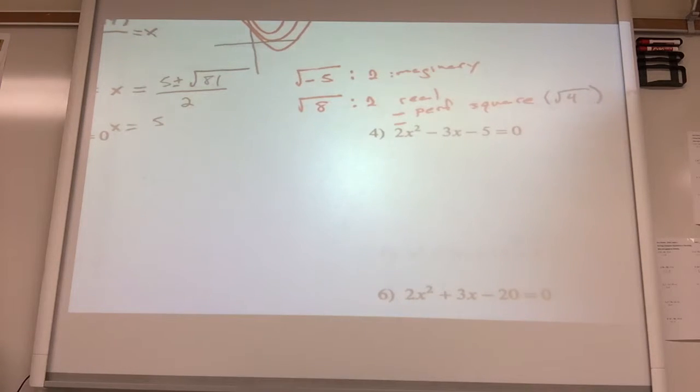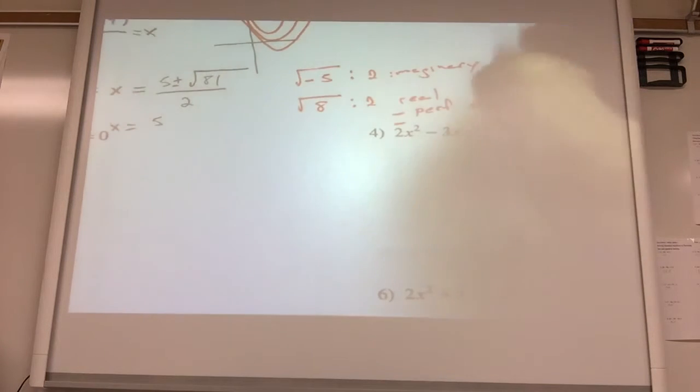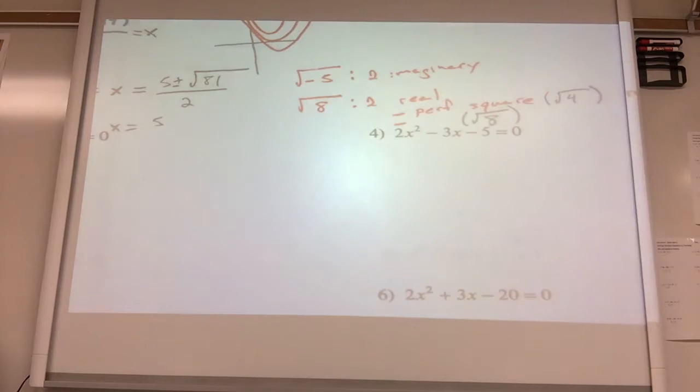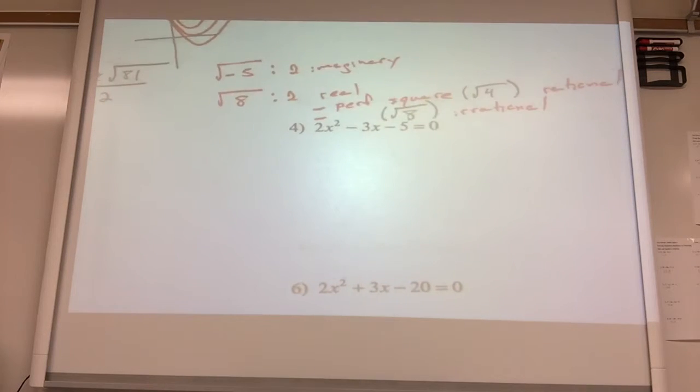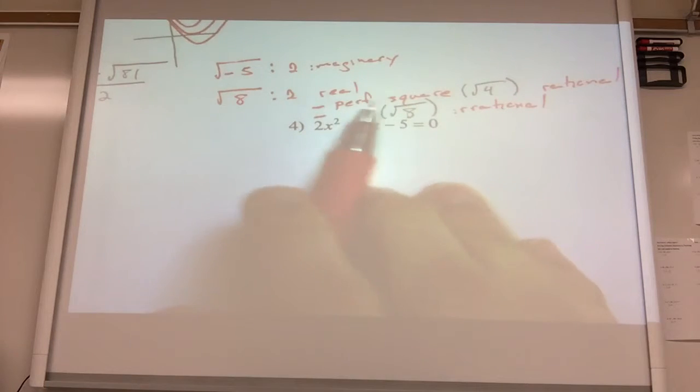And if it's not a perfect square, like in this case the square root of 8, we don't know what the square root of 8 is as far as a solid number, and that's what we call irrational. So remember, you can figure out the types of solutions that you're going to have based on what you're taking the square root of.